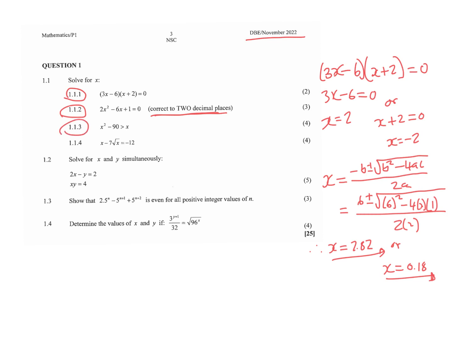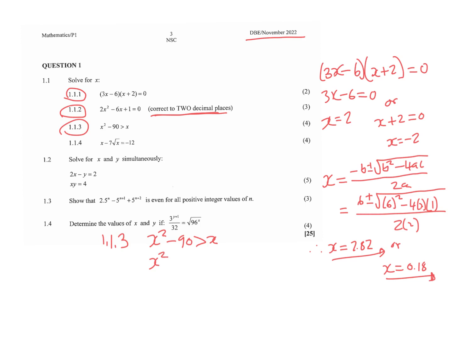1.1.3. On 1.1.3, we are dealing with inequalities. We are given x² - 90 > x. You take x to the other side.